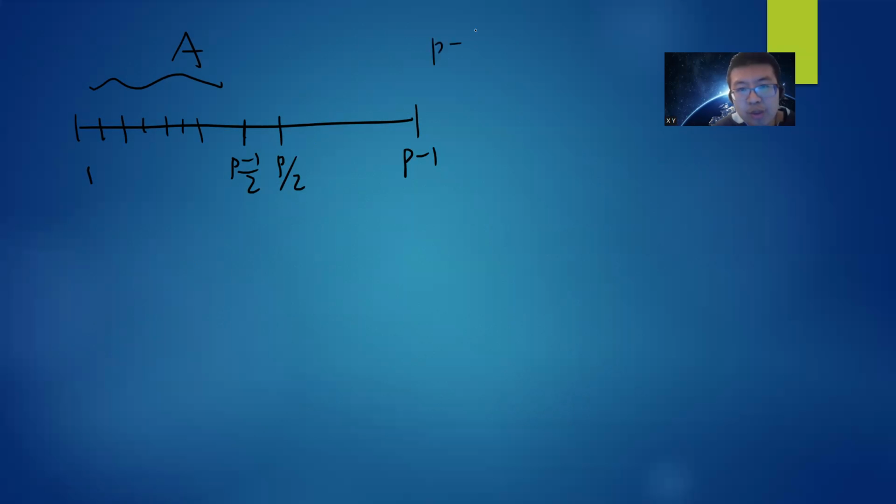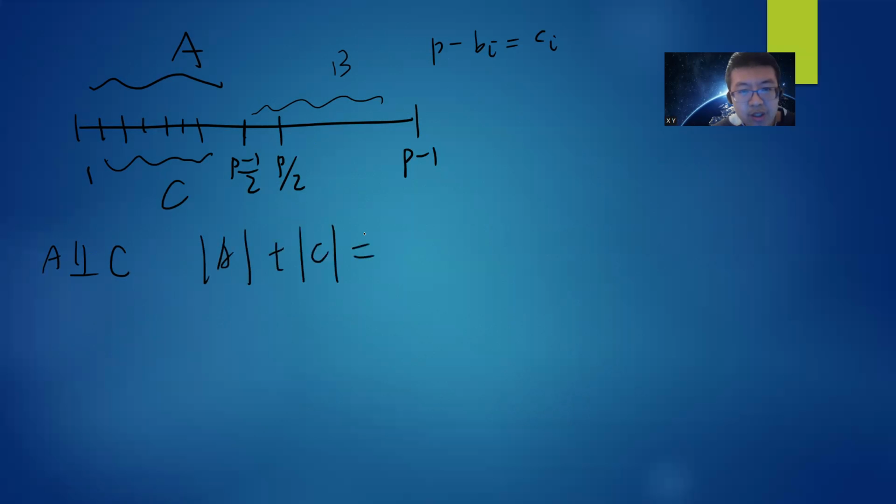Since I'm using p minus Bi equals Ci, B is a number sitting outside here, but C is also inside here. Since A and C are disjoint, the number of A plus the number of C is exactly p minus 1 divided by 2, because in total I just have that many numbers.